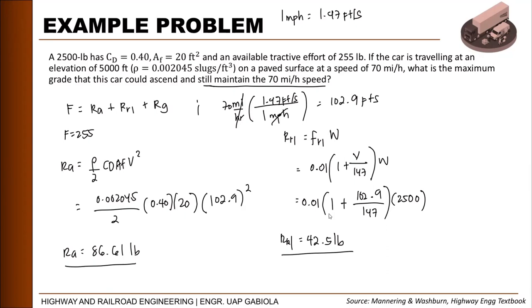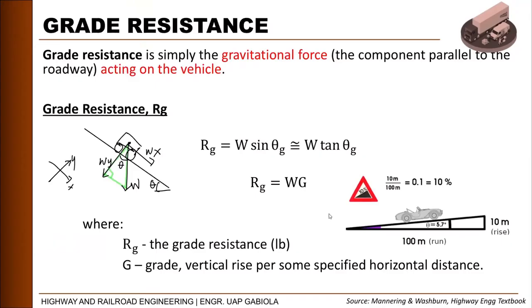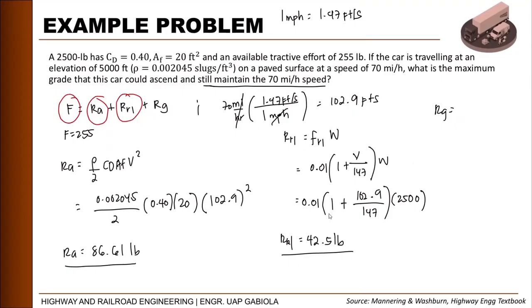So meron na tayo, may given tayo nito. So RG na lang ang wala. Ang RG natin according to our formula is equal sa WG o yung weight tsaka yung grade natin which is unknown. So equal yan sa 25 pounds G. Okay? So substituting all values dun sa equation natin. Let me rewrite lang this.